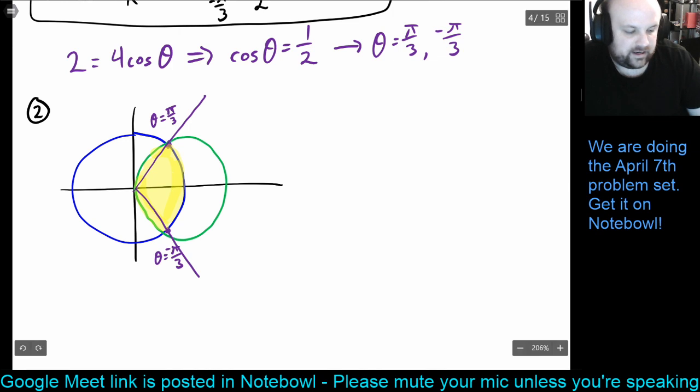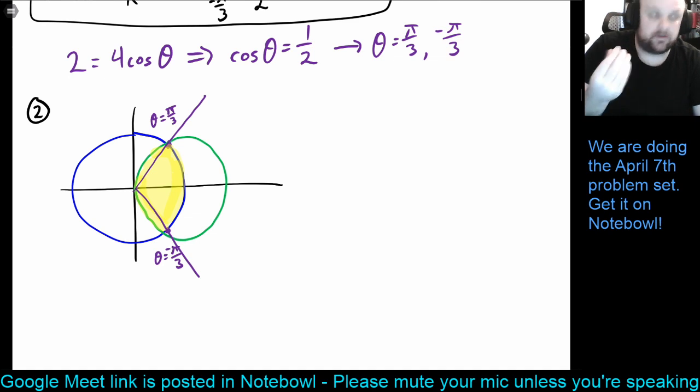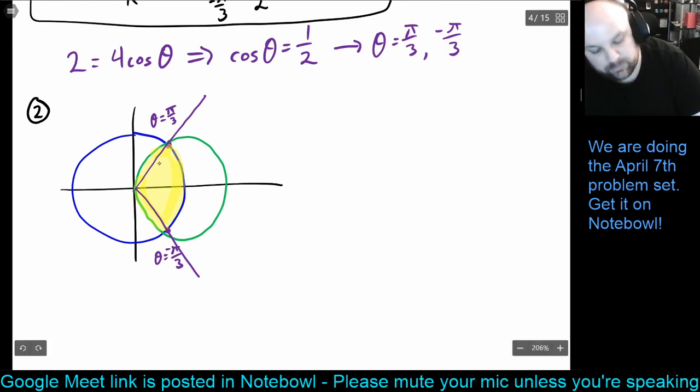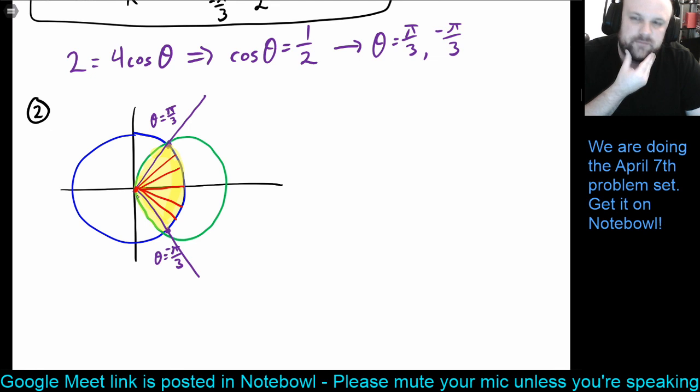Now, here's what I want you to think about. When we compute the bounds for r, we're always moving from the origin outward. That's how r grows. When we're between these two green lines, we're starting at the origin and always going to the blue curve. It technically touches the green curve here, but it's not really bounded below by this green curve.